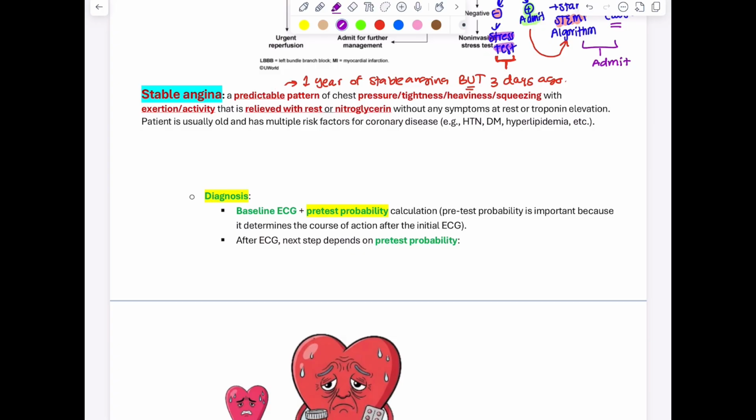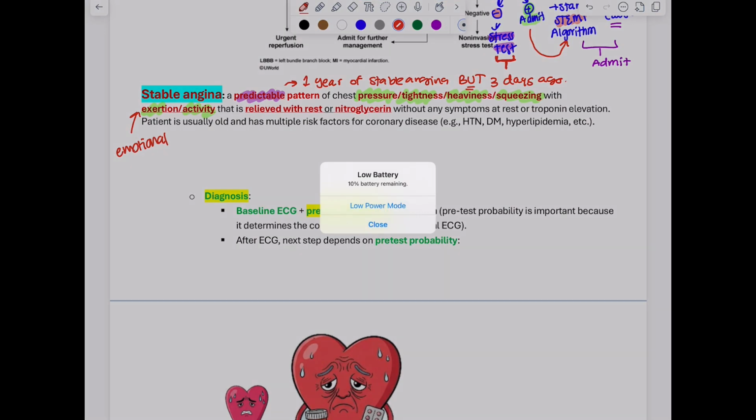So we have a predictable pattern of chest pain, and this chest pain is not sharp. It's going to be pressure, tightness, heaviness, squeezing. It's just this heavy pain that's predictable when you do any exertion or activity. And by exertion, this could be just being emotionally stressed, or crying. It doesn't have to be moving around.